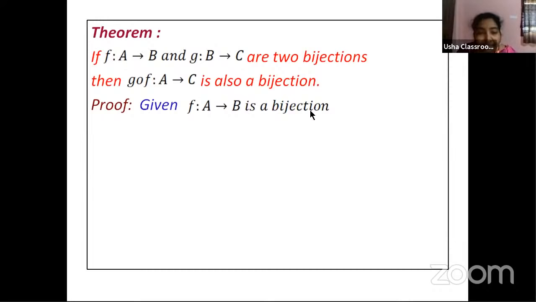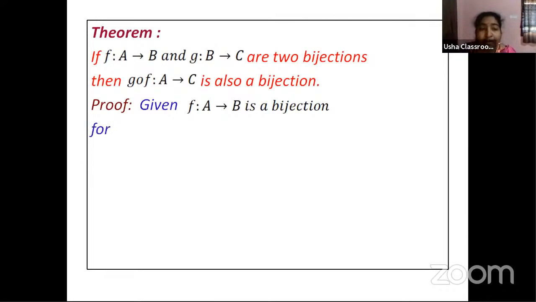If you take any two elements from set A and you get the images F of A1 and F of A2, if the images happen to be equal, it means the elements also should be equal. This is the condition we have seen.